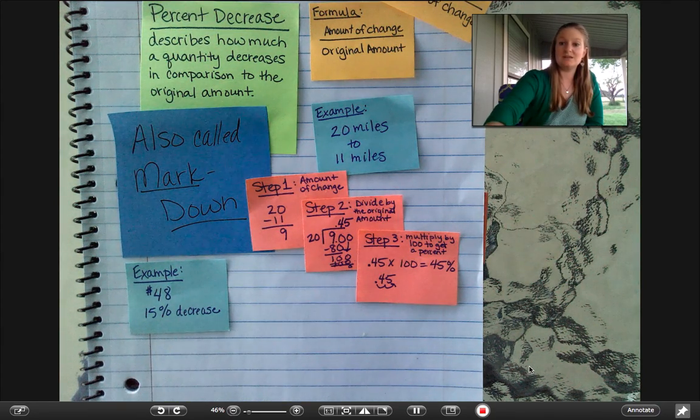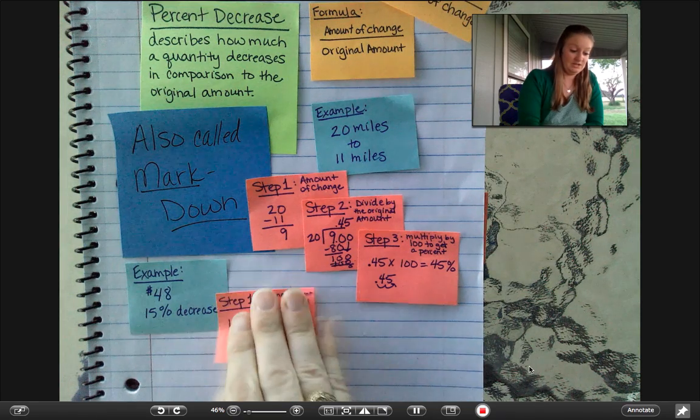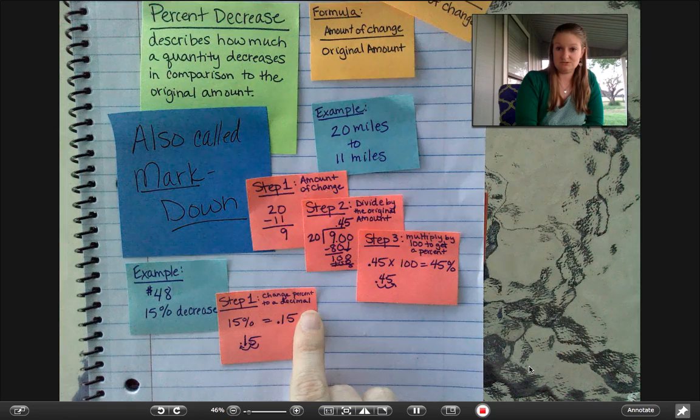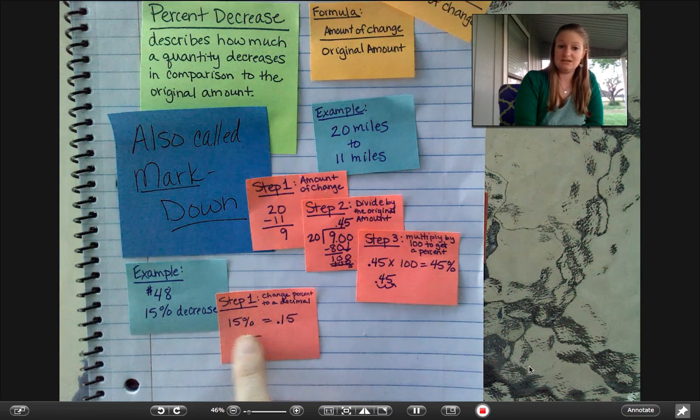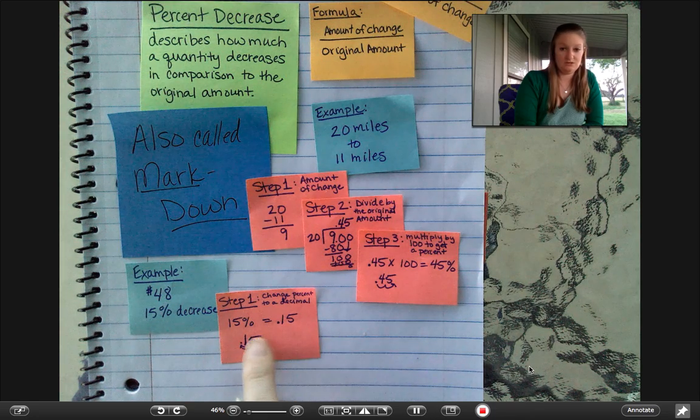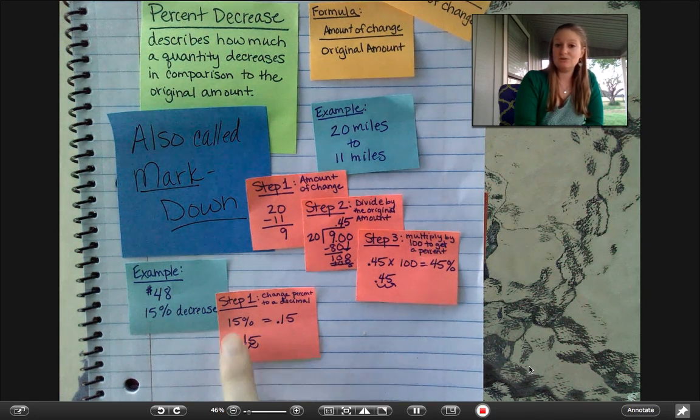Okay, so this time it's being decreased. So our first step is to change the percent to a decimal. Okay, so 15% is 0.15. You can either use your shortcut method, move the decimal 2 places to the left, or you can divide that 15% by 100.